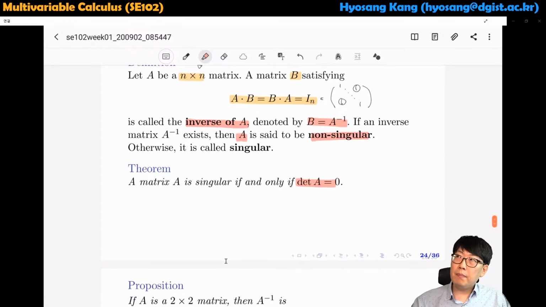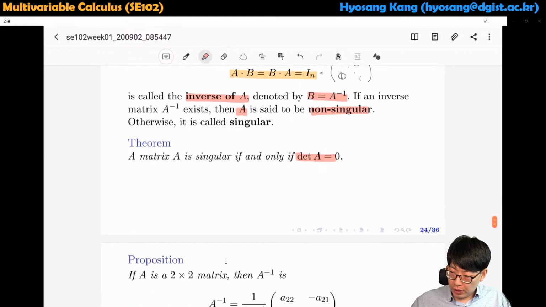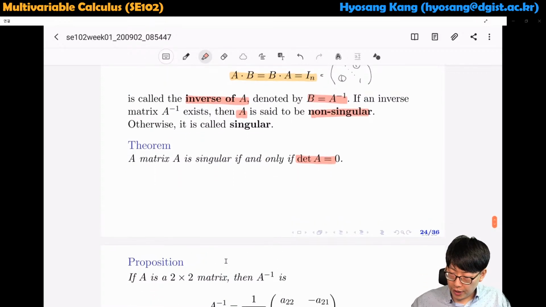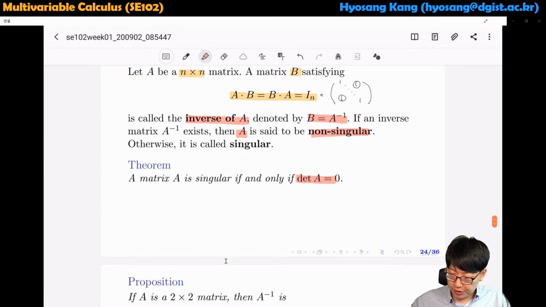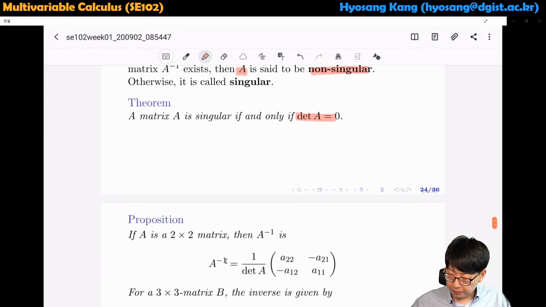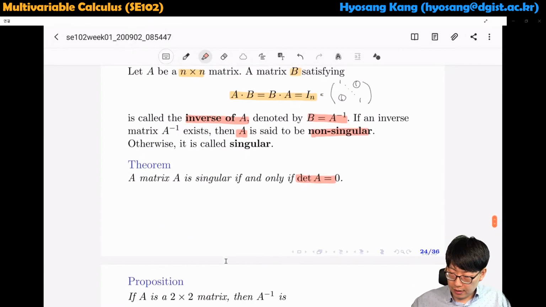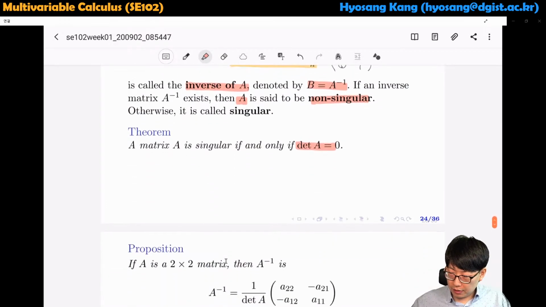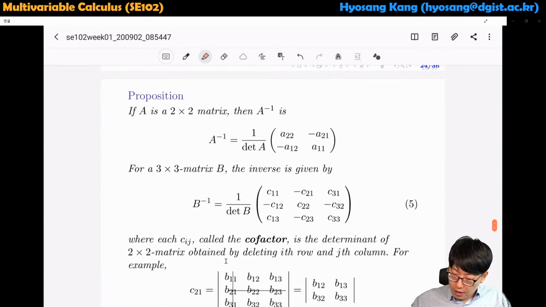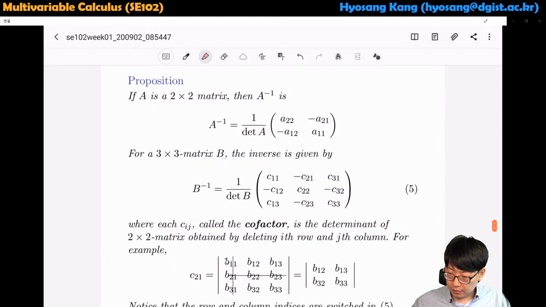By the way, there is some meaning of the singularity of the matrix when we're talking about transformations later, but we will talk about that when it comes up. So for now, just think about there is a definition like this, and let's suppose that we have a non-singular matrix.